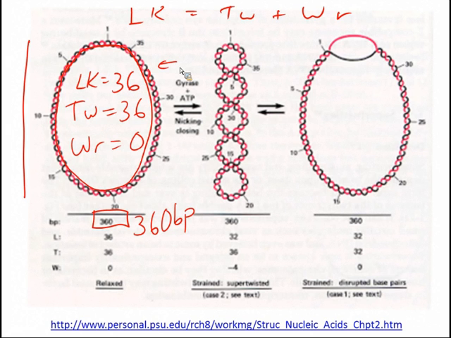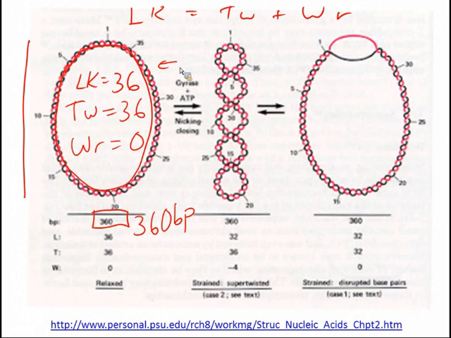And if it's underwound, it'll be a lot easier to pull the two strands apart. In fact, they might open up naturally in certain spots, allowing your replication machinery to come in, or maybe proteins might come in and help to open it up. But in either case, you can open it up and then have some proteins coming in to do your replication or your transcription.